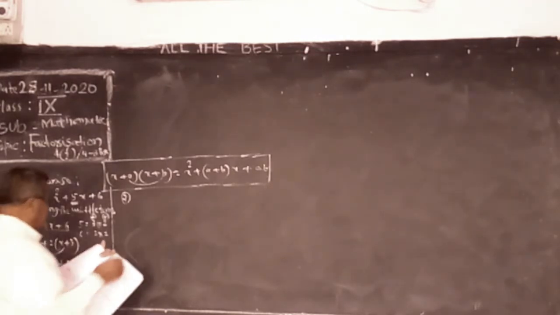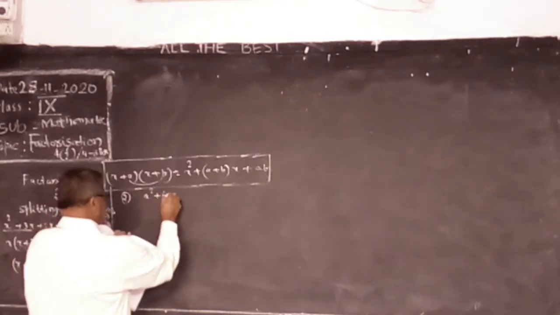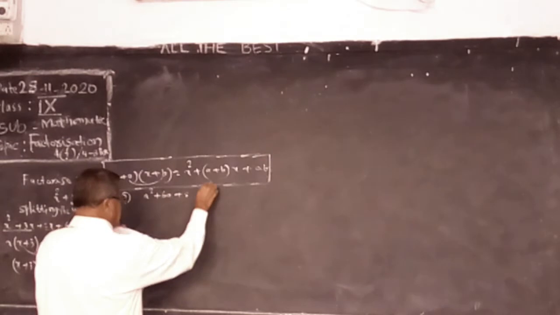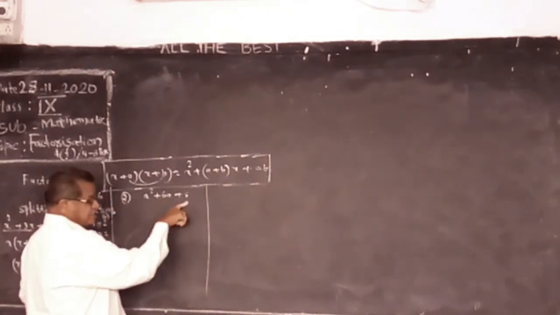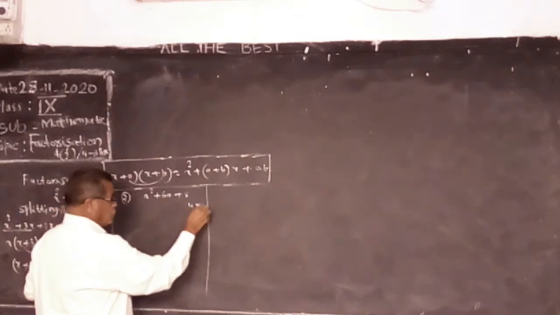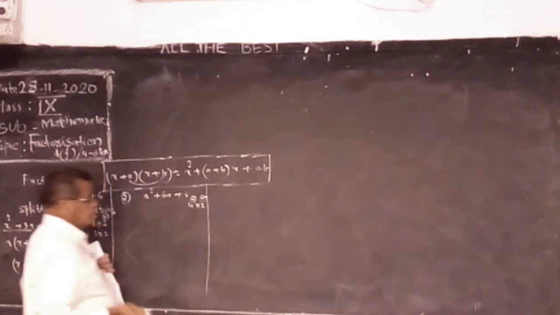Now the second question: a square plus 6a plus 8. Splitting the term 6: the sum is 6 here and the product is 8. So we know 4 and 2 give 8, both are plus.